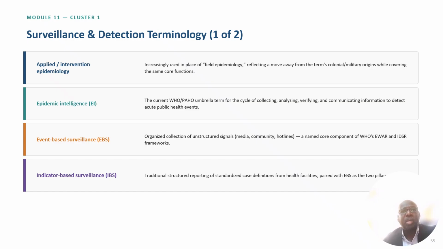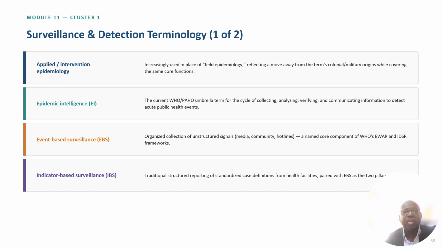That means I'm talking about the highest level of methodology, which is aimed at conducting surveillance or detecting disease. This is the current WHO umbrella term for the cycle of surveillance: collecting, analyzing, verifying, and communicating the information about disease detections.